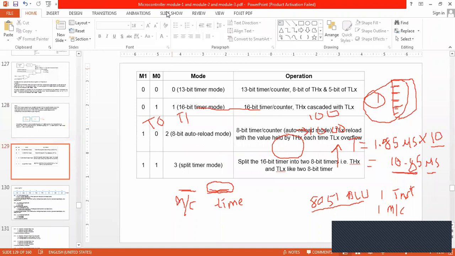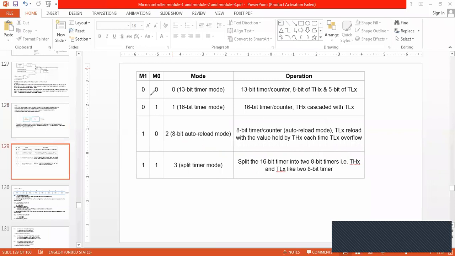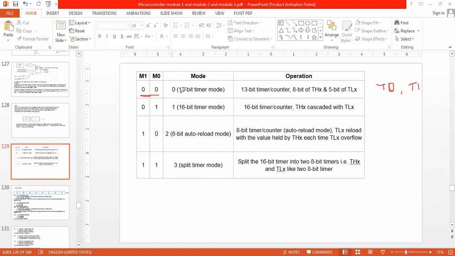So I will just summarize the things once again. See that timer mode register, there are two mode bits, M0, M1 for T0, and M0, M1 for T1. Now, if it is 00, it is a 13-bit timer mode, mode 0.